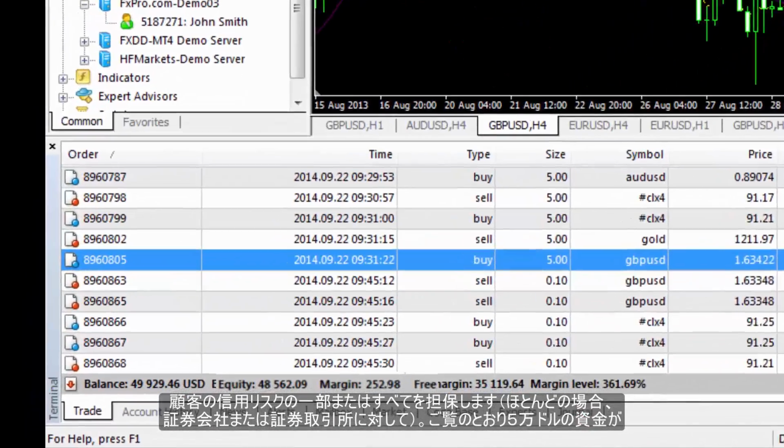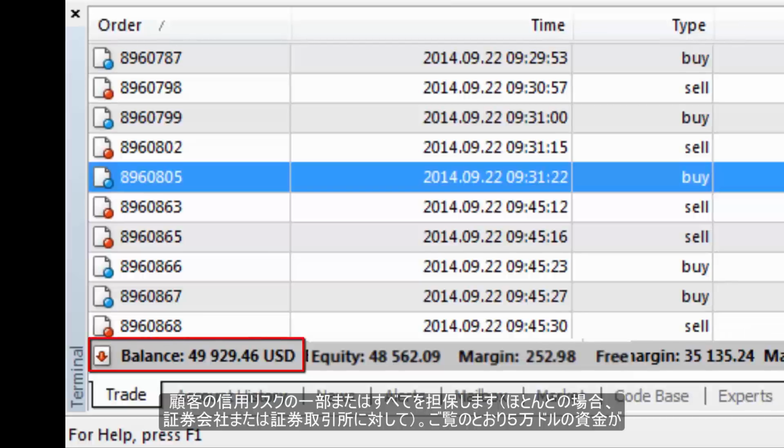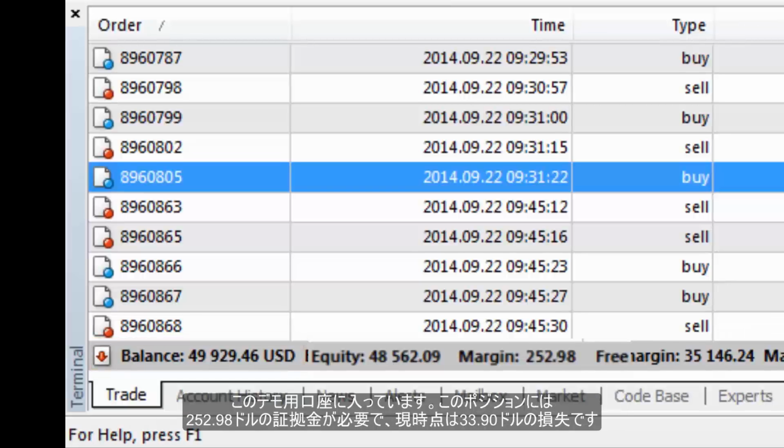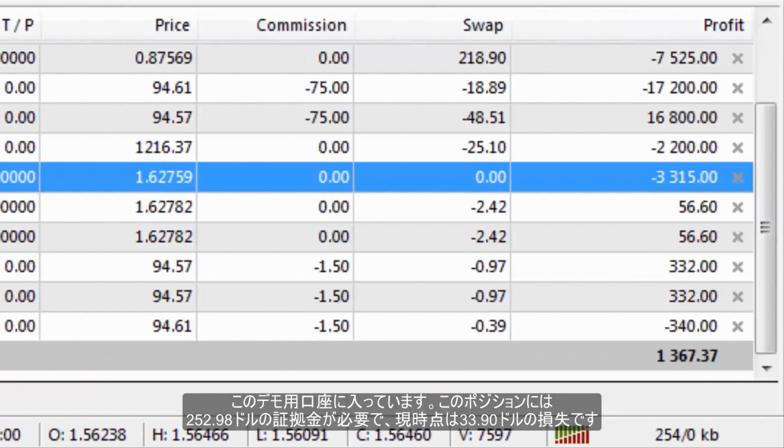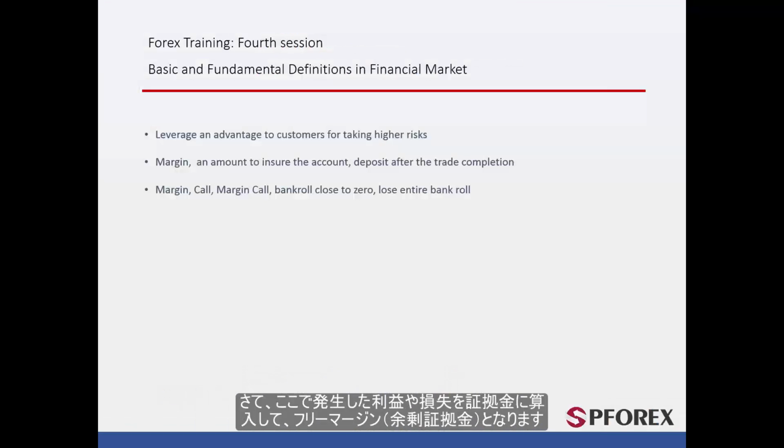As you can see, our investment is $50,000, and this is a demo account. The margin which was asked for the positions here is $252.98, and at the moment we are losing $33.9. Now, if we add our profit or loss to the amount of margin, we will have a free margin.